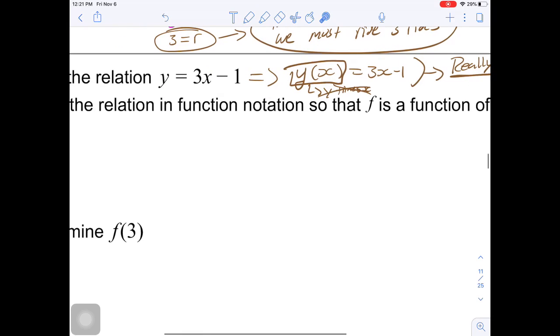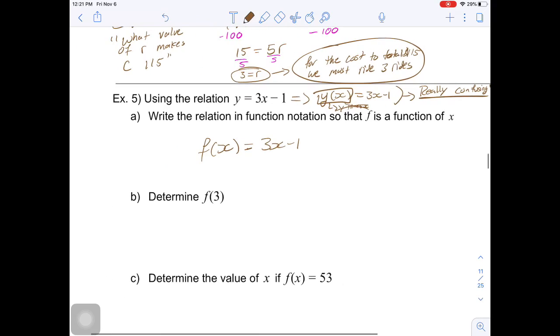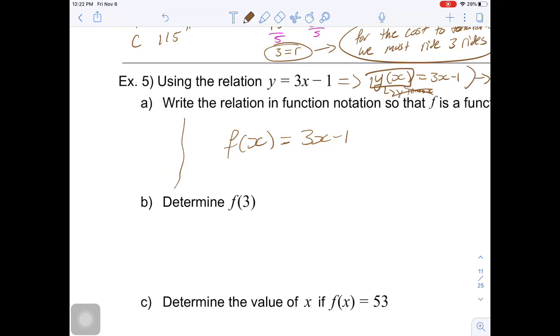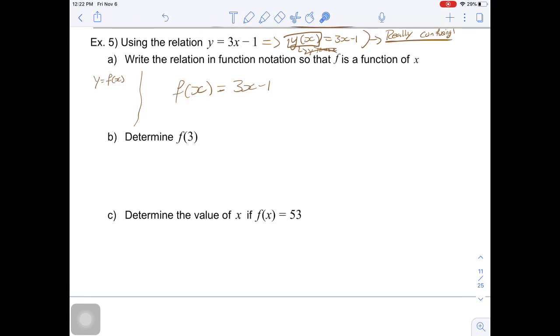So whenever you have a y value, it's smart to just replace it with f. So here, we could say f of x equals 3x minus 1. And what mathematicians usually say is y equals f of x. They're the exact same thing, right? So y equals f of x.